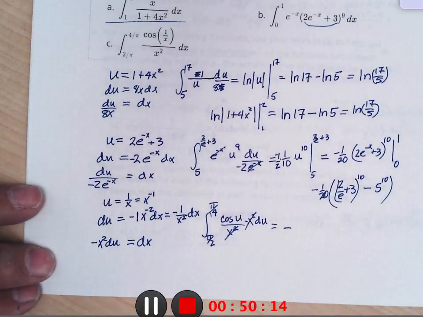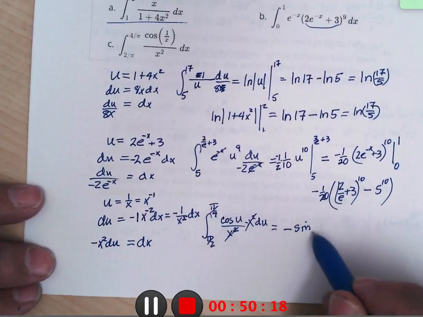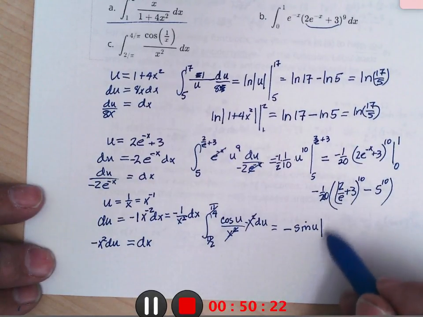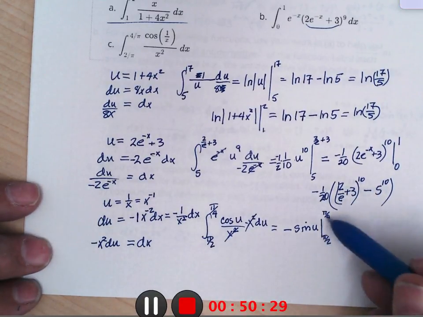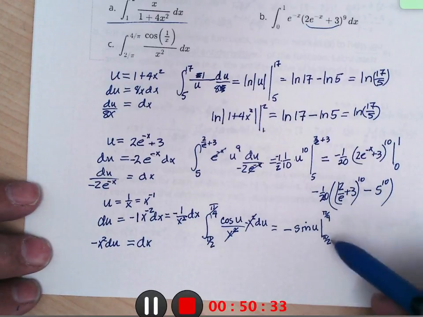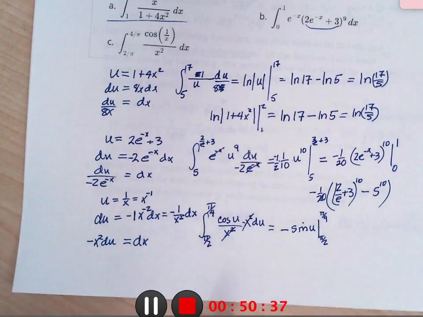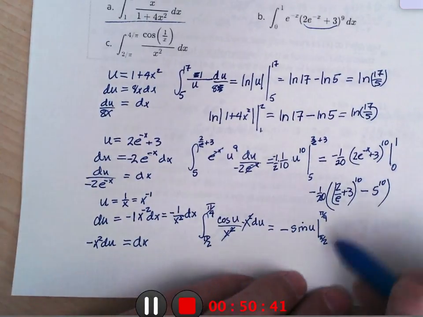The antiderivative of cosine is sine of u with my new limits, pi over 4, pi over 2, pi over 2 to pi over 4. Whoa. That's actually going backwards, so it should give me a negative number because pi over 2 is bigger than pi over 4. So I could switch those and make this plus, but in fact, I think I will.